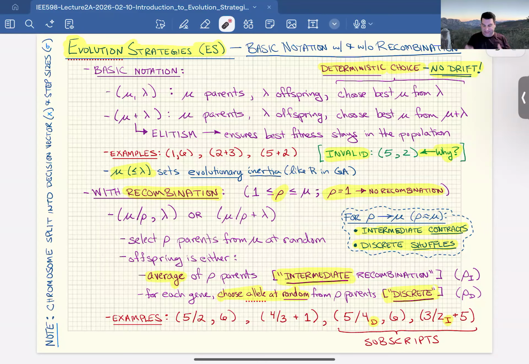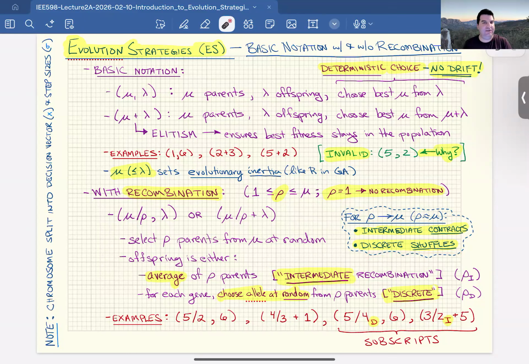So if you set your recombination parameter up to the number of parents, then all of those parents, they're scattered around the decision space, and all of the offspring are just going to be an average of all of those parents. So they all are going to start before mutation in the center of mass of all of those parents and then mutate out from there. So that will contract the population so that the offspring are all in the middle, and then mutation might shift them out again.